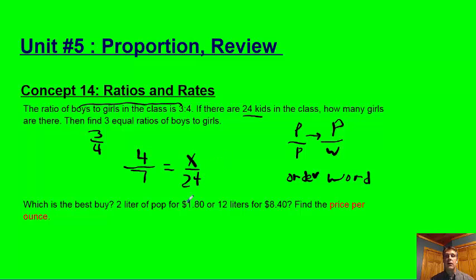Okay. Then again, you cross multiply. So take 4 times 24, and then I'm going to have 7 times x, which is 7x. So multiply that up. I'm going to get 96. 4 times 24, that's 96. That equals 7x.